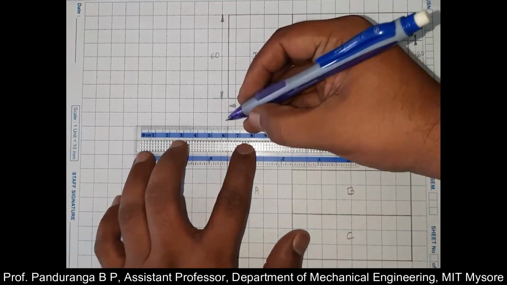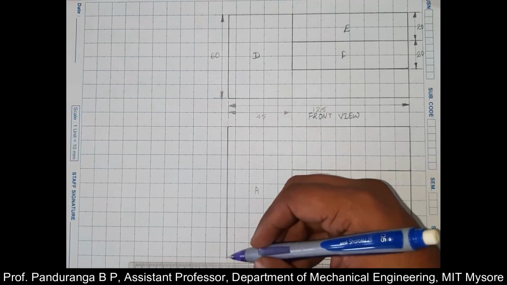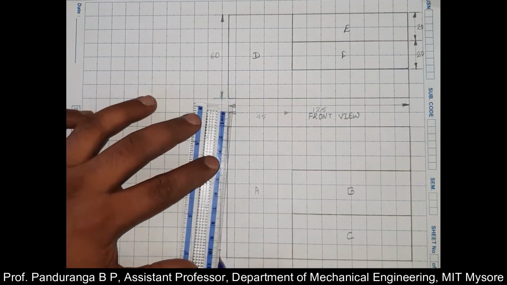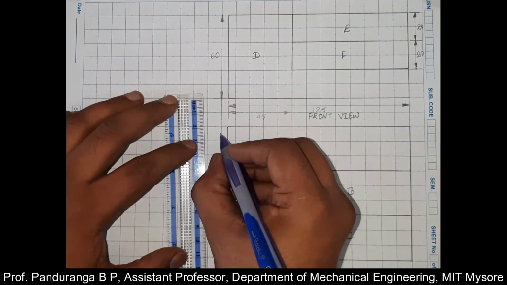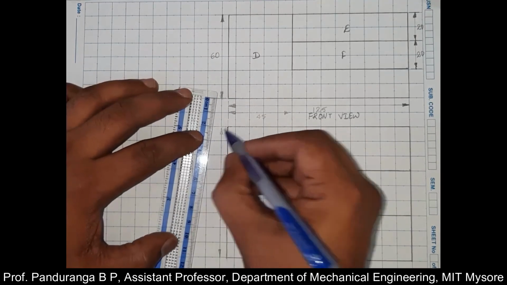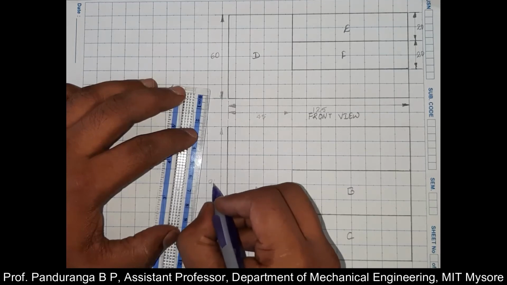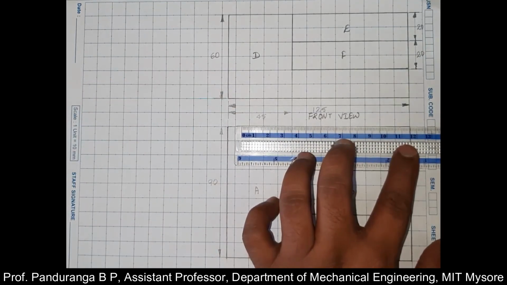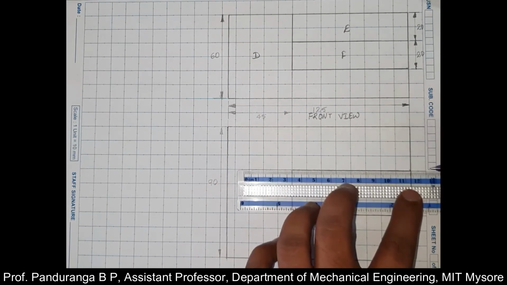So the total height in the top view is 90 millimeter. This is 90 millimeter. And from here till here it is 30 millimeter. As well as the height of surface B is also 30 millimeter in the top view.